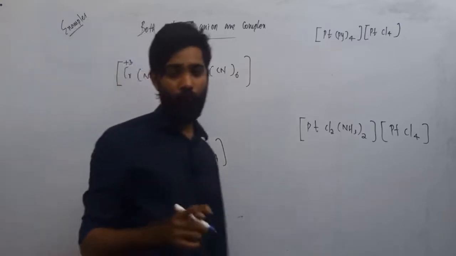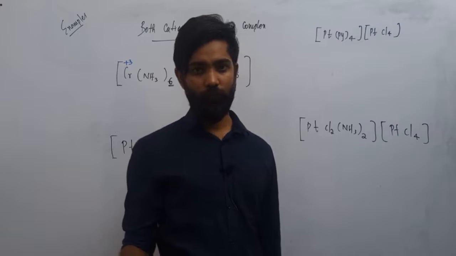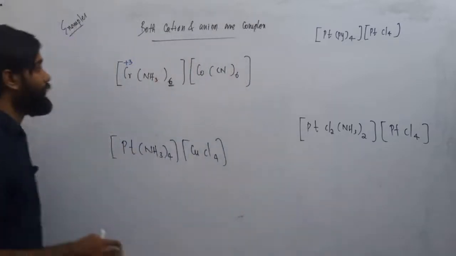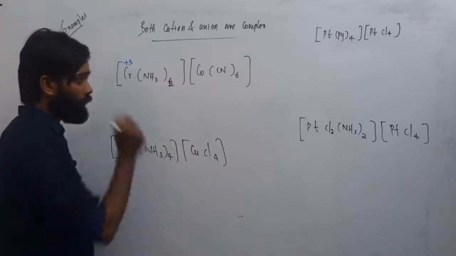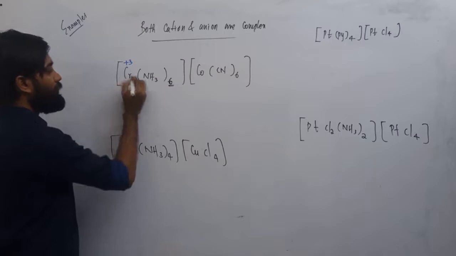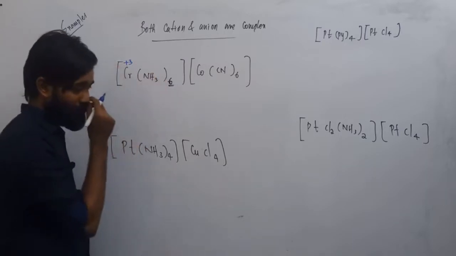That idea you have to know. If the coordination number of the cationic entity is 6 and the central atom is chromium, then the oxidation number is generally +3. So chromium has +3 charge.